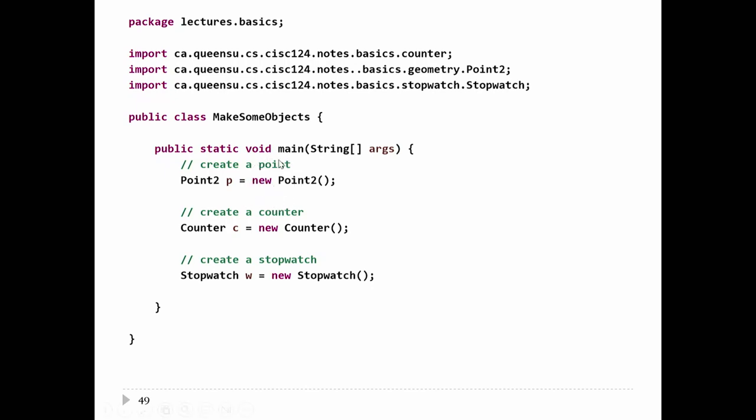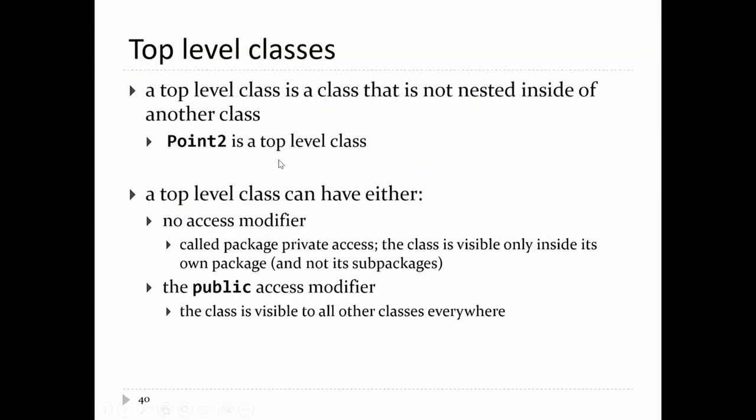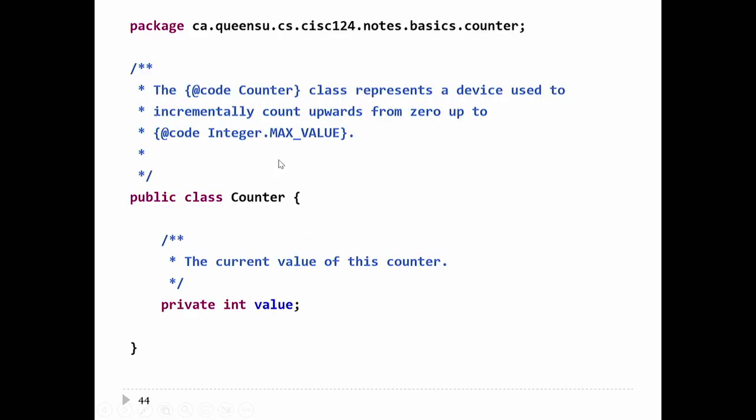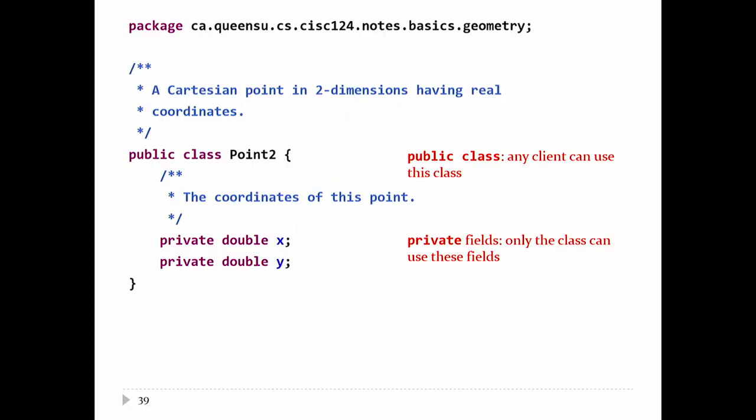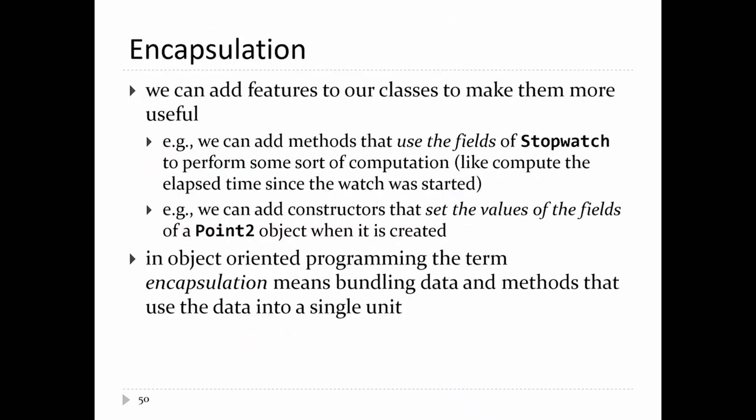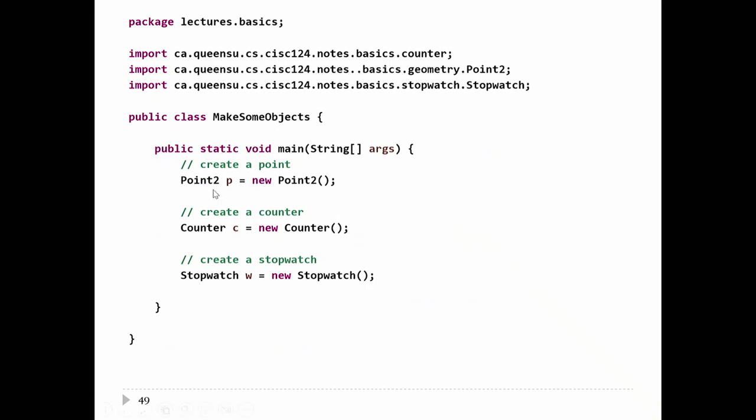Now remember what point2 looks like. That's all that point2 looks like. We've got a class declaration and we've got 2 fields. There's no methods, there's no constructors. But you can go ahead and make a point2 object using new. So you can write point2 p equals new point2, and that works.